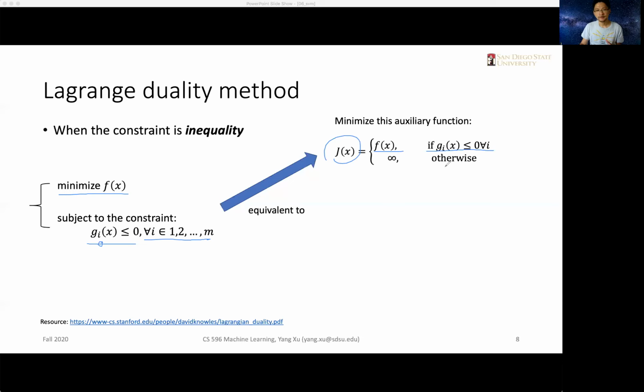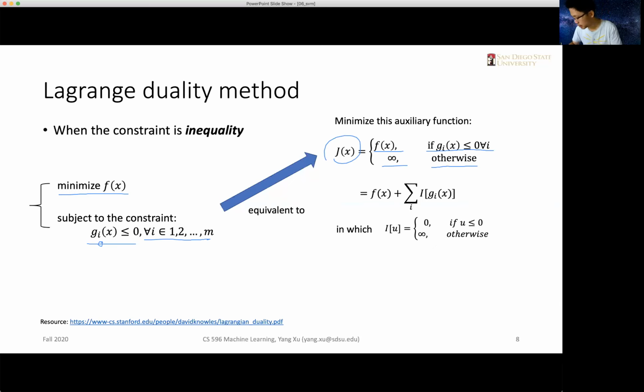And if any one of the constraints is not satisfied, then we define the function's value to be infinity. That's how we define the auxiliary function. On the next page, we will see the reason why we are doing this. We can also use some indicator function, the capital I of something like this.